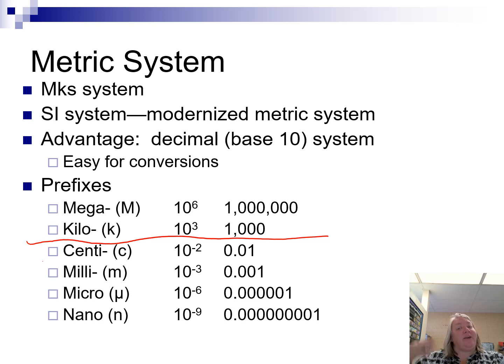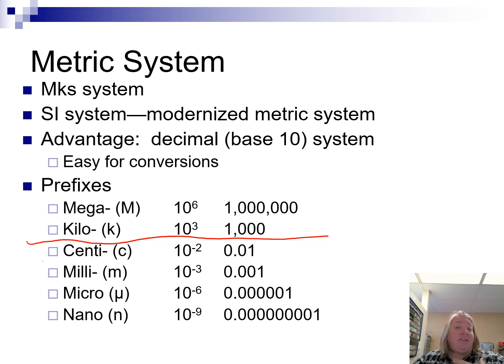So if you were going 1,000 meters, you go 1 kilometer. If you have 1,000 grams, that's 1 kilogram. If you go 1,000 times bigger than kilo, you get to mega. And that's a capital M, not a lowercase m. That means that you have a million of something.